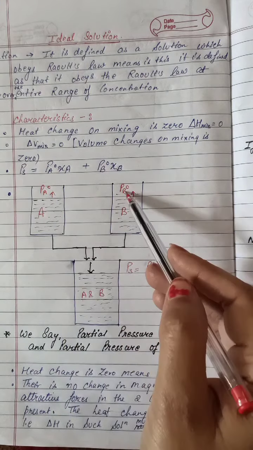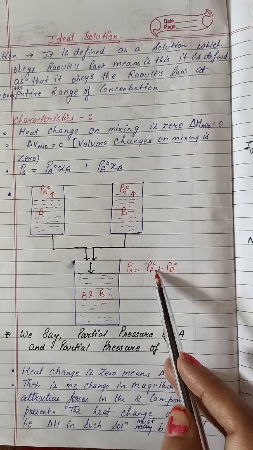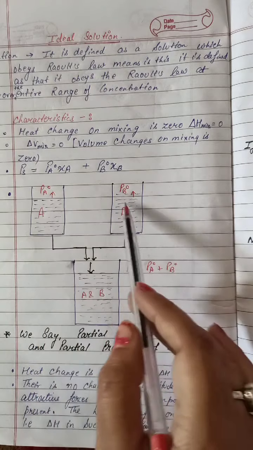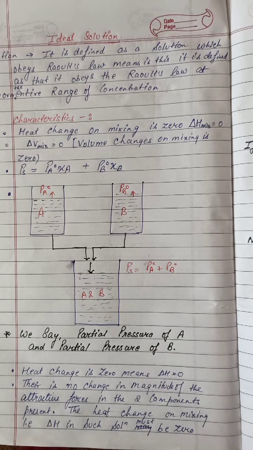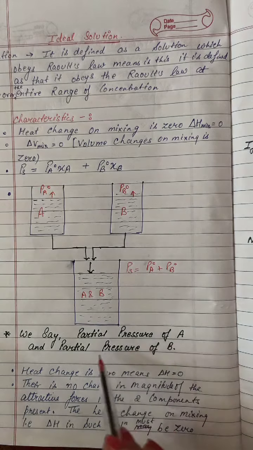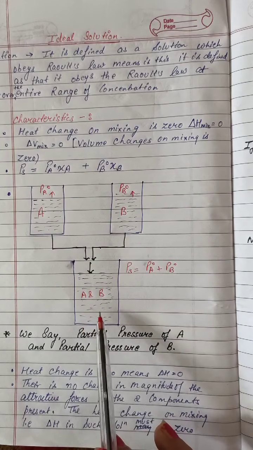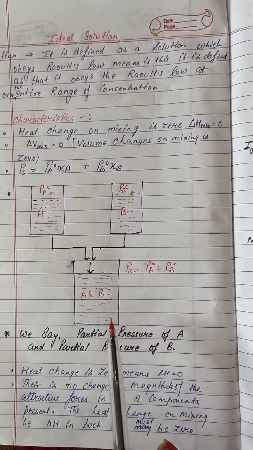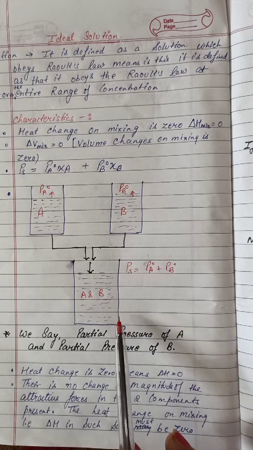A will also mix in B. So here it can be said PA naught plus PB naught. Means both are mixed together. Here it will form A plus B. Now in an easy way we can say partial pressure of A and partial pressure of B. The last beaker is said to have the partial pressure of A as well as the partial pressure of B.